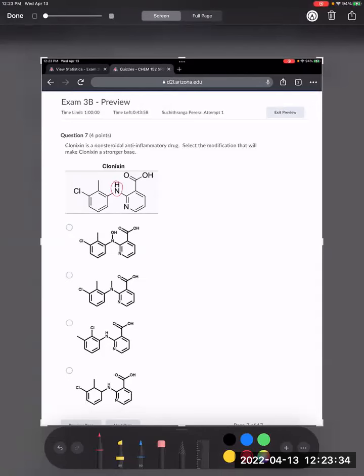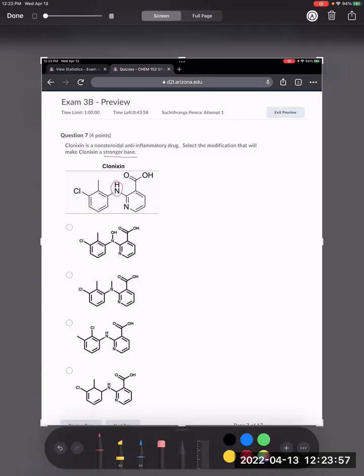Again, because of features 1, 2, and 3. So if you look at the first option over here, we want to make it a stronger base. You replace the hydrogen with an OH group. When you do that, you're changing a neighbor. That's the only thing you have done there.